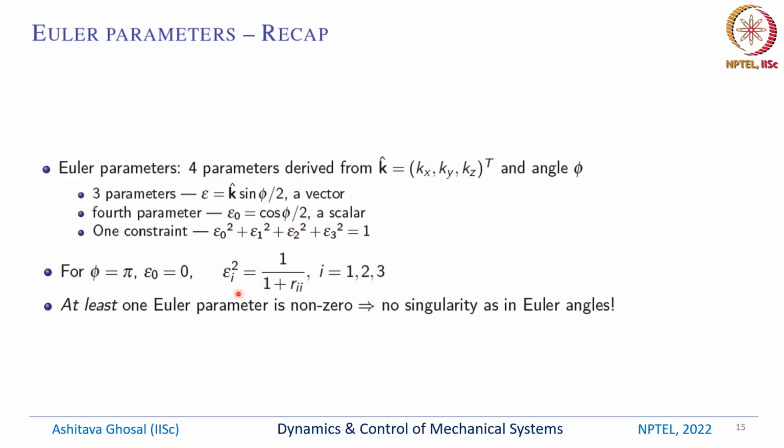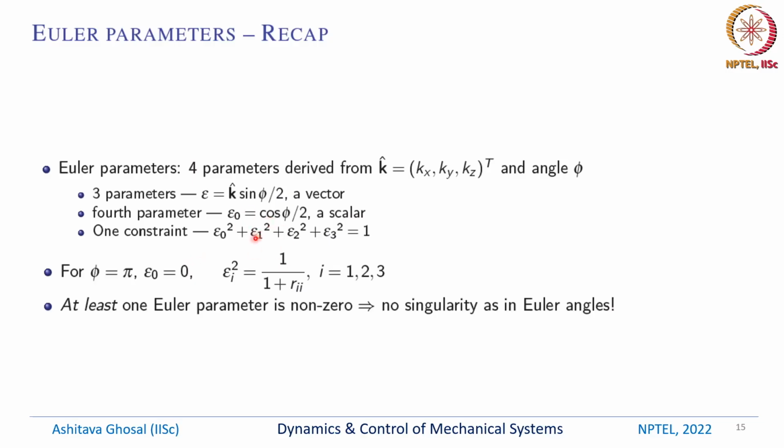But epsilon i square is given by 1 plus r11 plus r22 and r33, okay, so they were the diagonal terms in the rotation matrix. So what it means is, even though phi is pi, so cos phi by 2 is 0, all the Euler parameters are non-zero. So there is no singularity in Euler parameters, as in Euler angles.